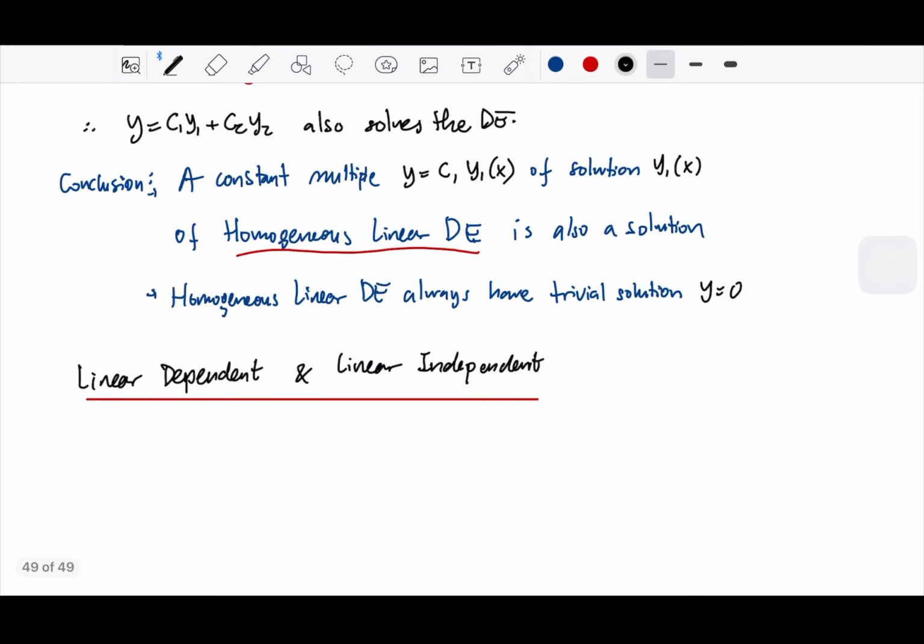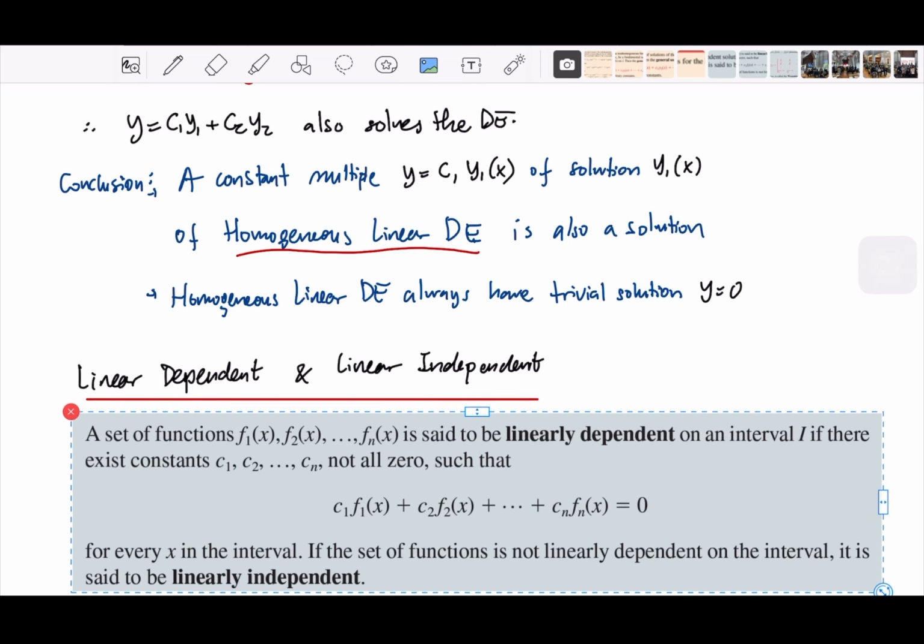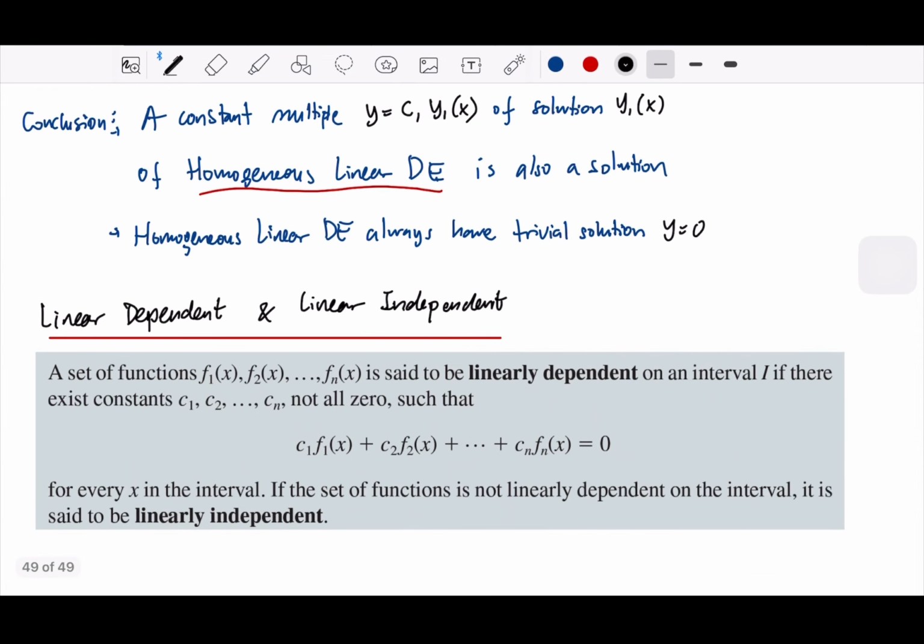Let me give you the definitions first. Functions are linearly dependent on some interval if there are constants, let's say C1 until Cn, not all zero, such that if we plug in the C1 into the equation like we have in the superposition previously, it is equal to 0.